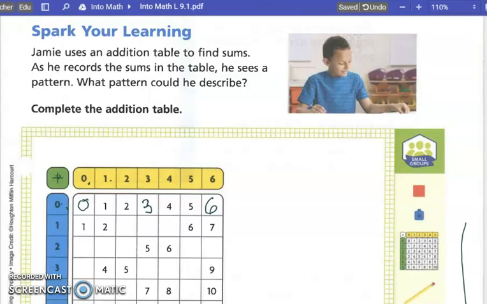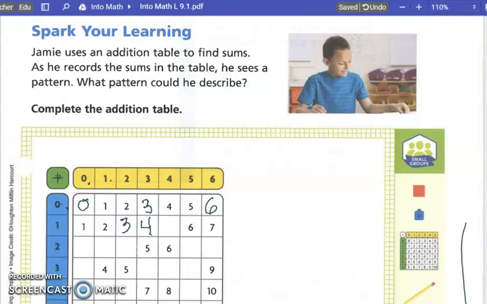So 1 plus 0 is? And 1 plus 1 is? And 1 plus 2 is? Could I go this way? 3 plus 1 is? So I'm using my commutative property, right? I did 1 plus 0. I could also do 0 plus 1, right?